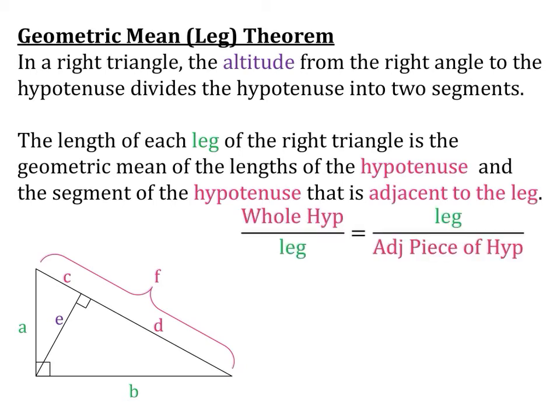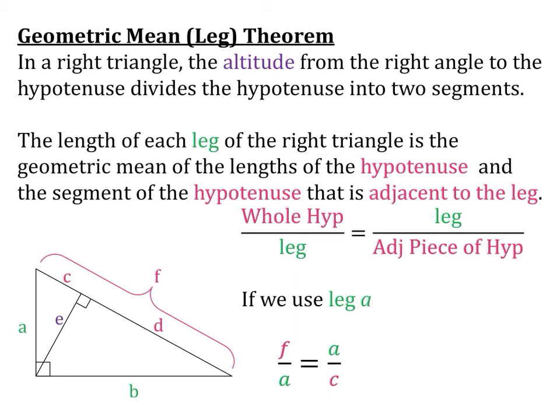So we could simplify this entire theorem to this proportion: your whole hypotenuse divided by the leg equals the leg divided by the adjacent piece of hypotenuse.